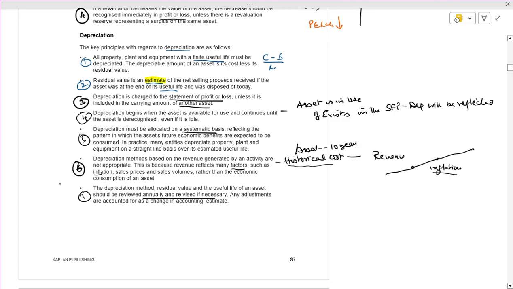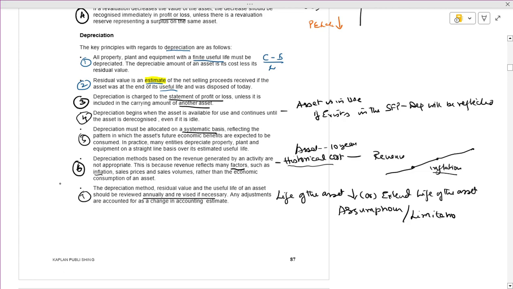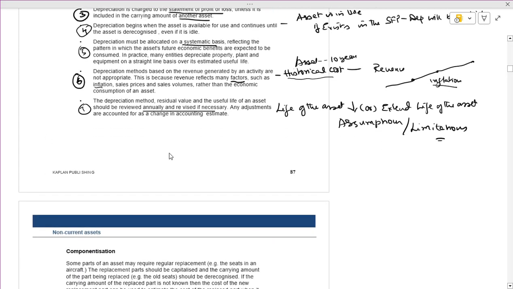Sometimes the life of the asset will decrease, or we can extend the life of the asset. These are all assumptions, as well as part of limitations. Fine. These are the things which we have to consider.